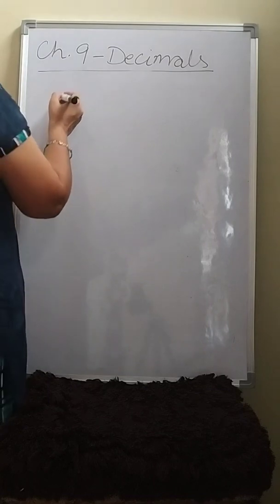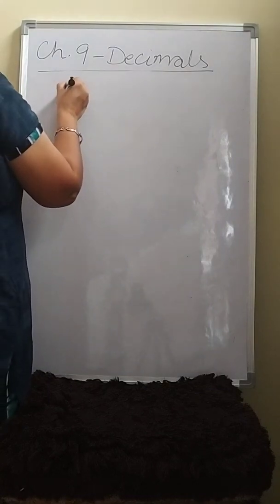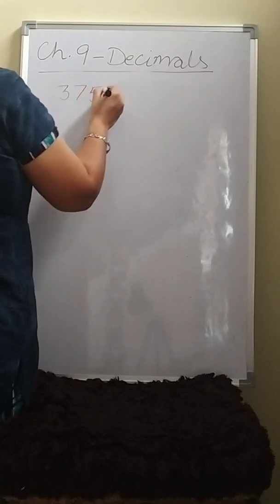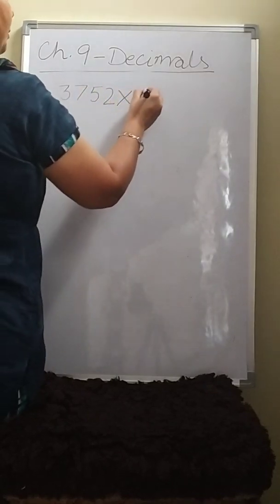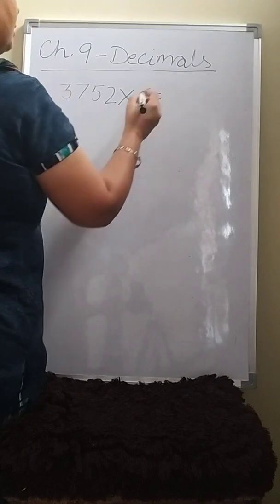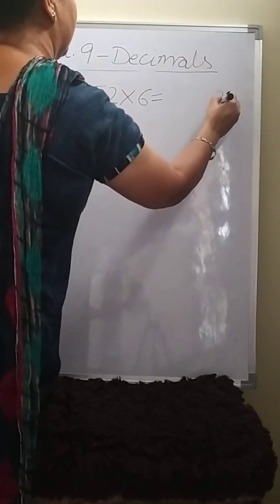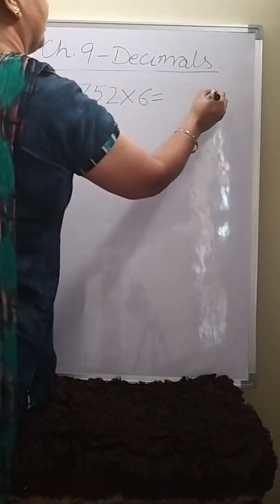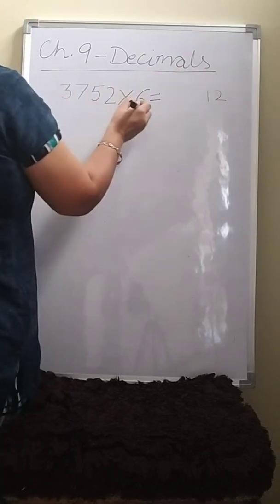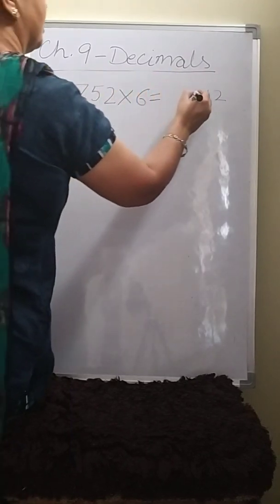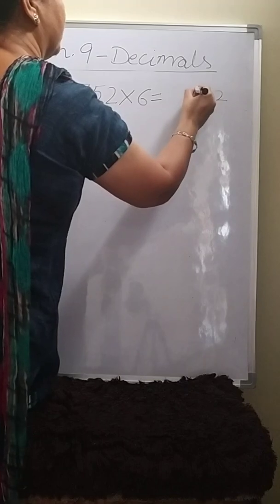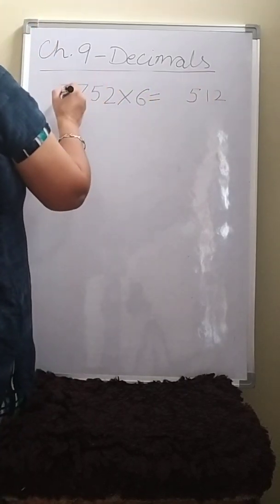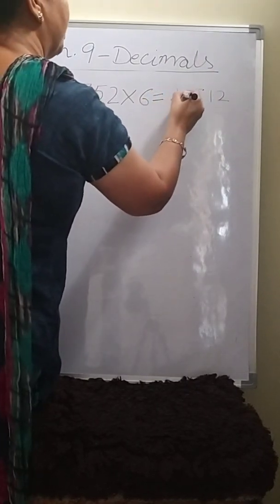Now suppose you are given a decimal number, 3752 multiplied by 6. The answer is: 6 2s are 12, 1 carried; 6 5s are 30 and 1 is 31; 3 carried; 6 7s are 42 and 3 is 45; 4 carried; 6 3s are 18 and 4 is 22.